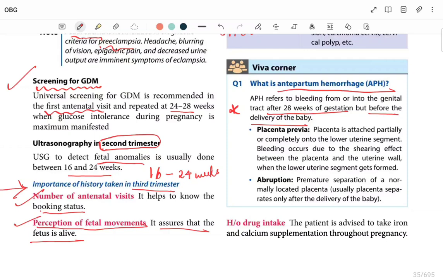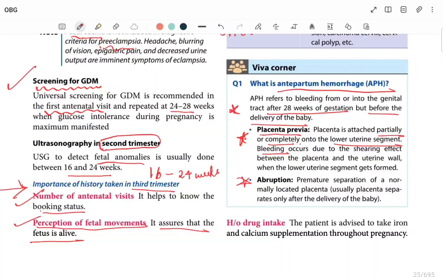So the two most important causes of antepartum hemorrhage are placenta previa and abruption. So what is placenta previa? Placenta previa is a condition where the placenta is attached partially or completely to the lower uterine segment, and therefore the bleeding occurs due to a shearing effect between the placenta and the uterine wall when the lower uterine segment gets formed.